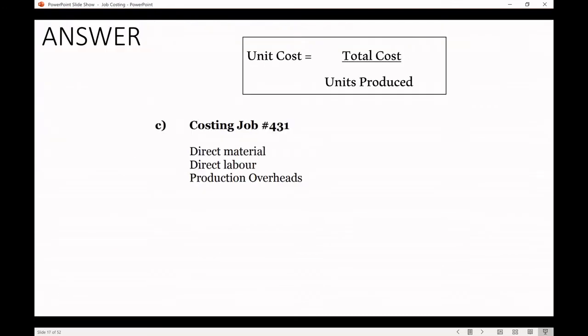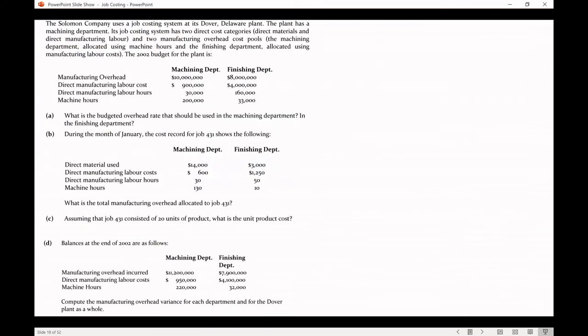So let's look at it. To find total cost, our total cost never changes. It's going to be your direct material, your direct labor, and the overheads. That gives you your production cost, the total production cost, whatever name you want to call it, right? So let's go back to the question.